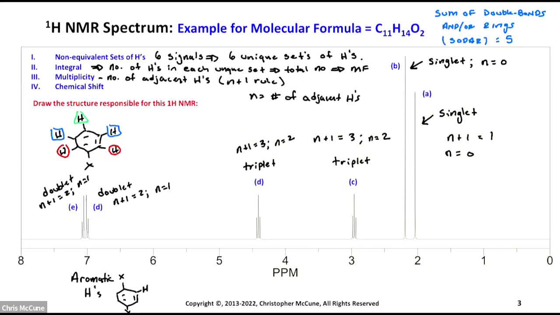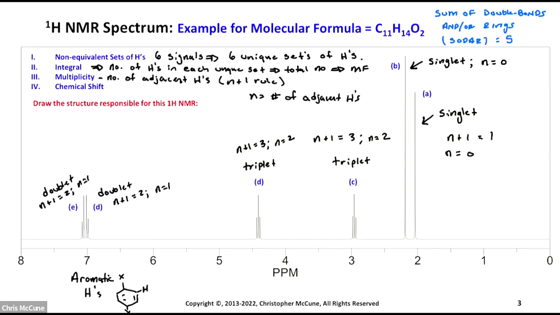So the substitution pattern on the ring is important, and you can kind of get a sense for that when you look at how many signals you're seeing in the aromatic region alone. So I'm going to erase this. I just wanted to show that as sort of a baseline example.